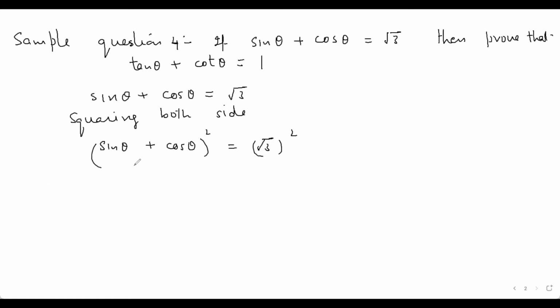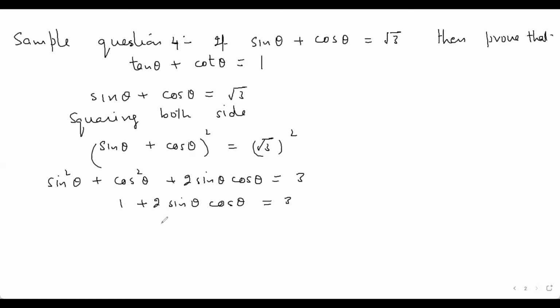That is a plus b whole square, which is sin²θ + cos²θ + 2 sin θ cos θ is equal to 3. Now this is 1 plus 2 sin θ cos θ is equal to 3. That is 2 sin θ cos θ is equal to 3 minus 1. It means 2 sin θ cos θ is equal to 2. It means sin θ cos θ is equal to 1.